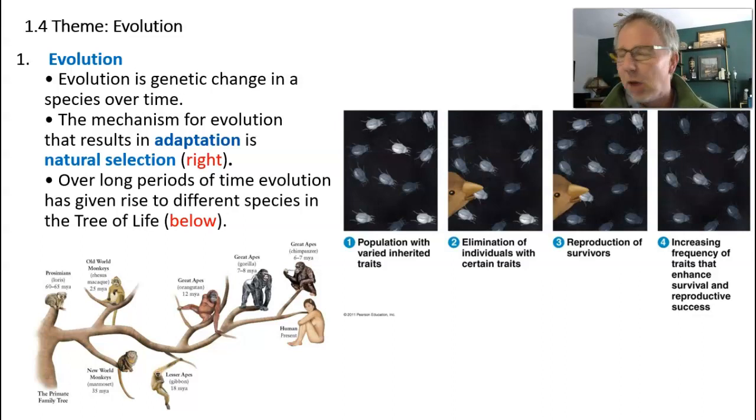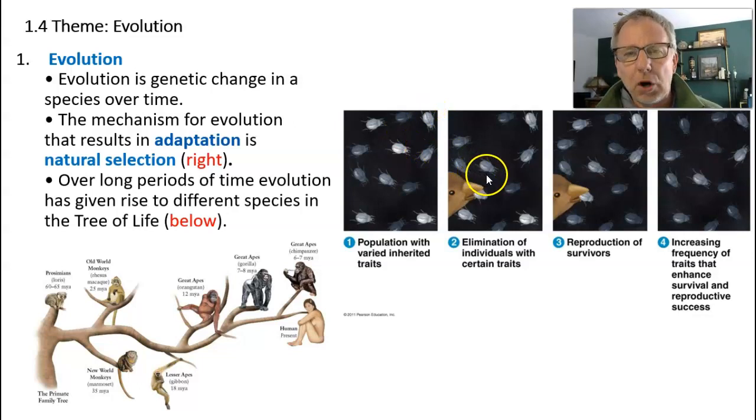But most populations have lots of genetic variation, so there's raw material there for evolution. Let's get back to these beetles. There are different shades of gray, and that is caused by different genes.